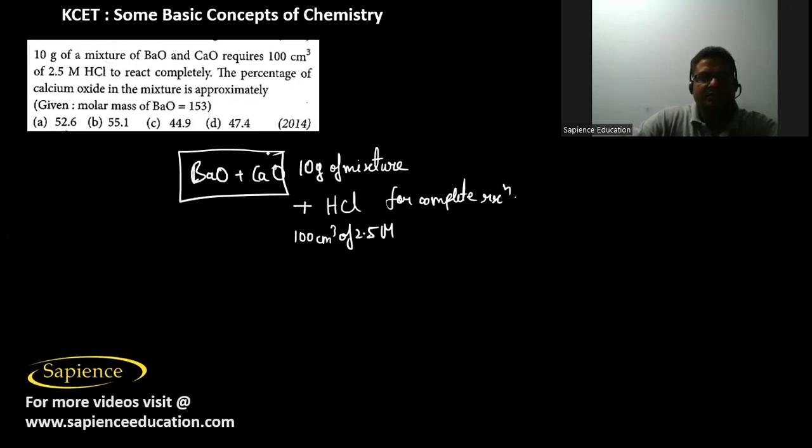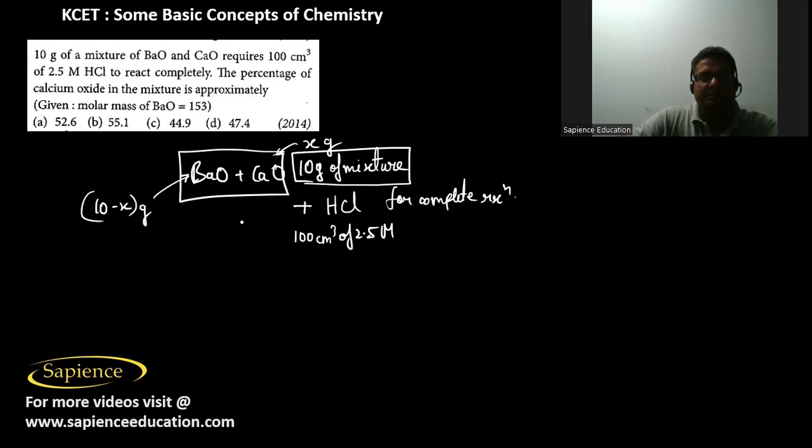So let's suppose the calcium oxide present in the mixture is, let's say, X gram. Since the total mass of the mixture is 10 gram only, the barium oxide present is 10 minus X gram.